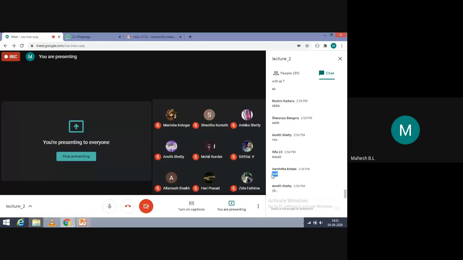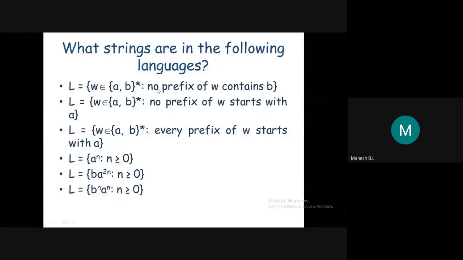So all these answers are wrong. What is the condition? No prefix of W contains B. You should know what a prefix is.